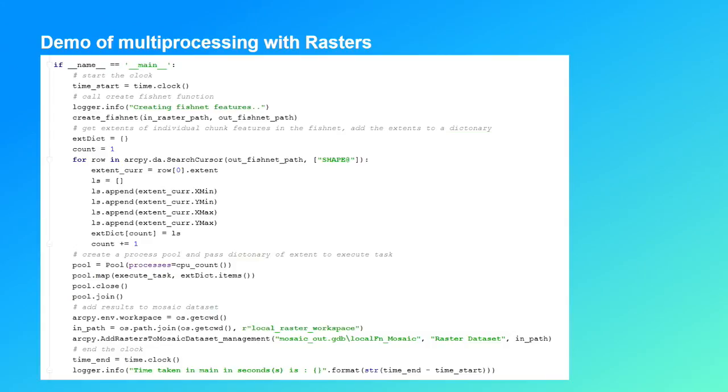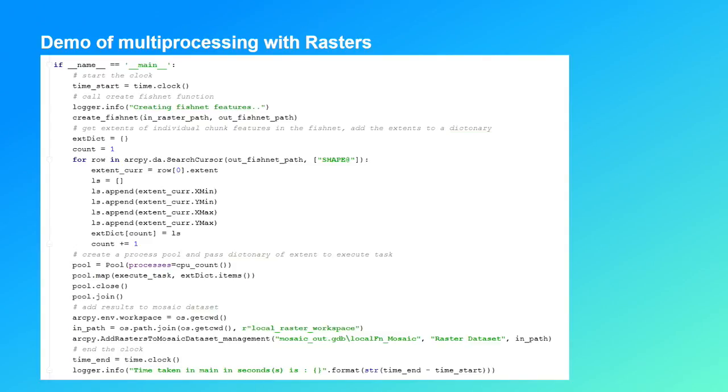This function is where the actual geoprocessing tool would be run. I'm passing to that function some arguments, which is my dictionary items, and these items represent the partition extents for each of those spatial partitions. So then my process pool would have, say, 8 processes working simultaneously on each of these individual extents.